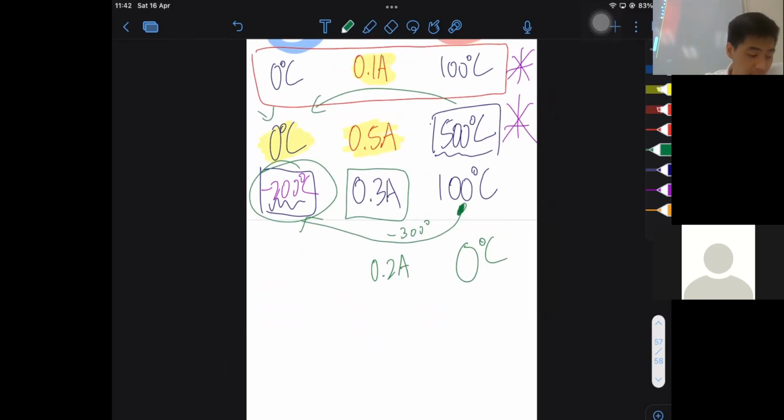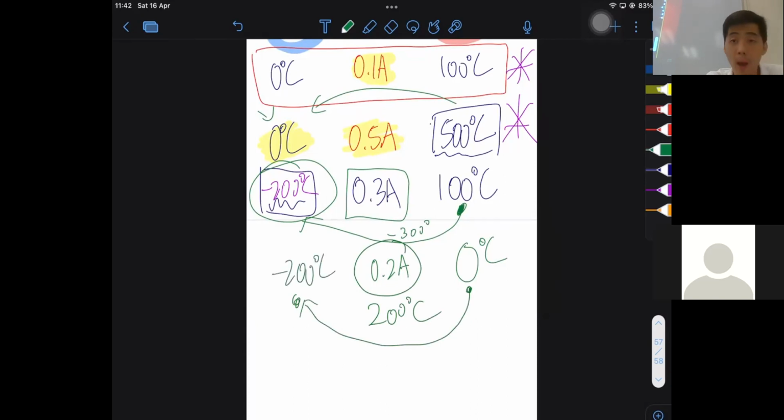I know that this 0.2 means to say from here to here, the difference must be 200 degrees Celsius, right? If it starts with 0, then here is for sure negative 200 degrees Celsius, right? Because the ammeter reading gives me a difference from the reference point to the finding point here. You get what I mean?